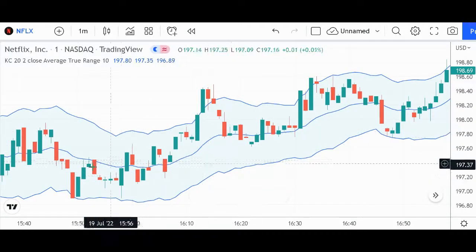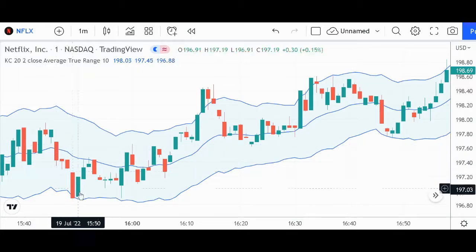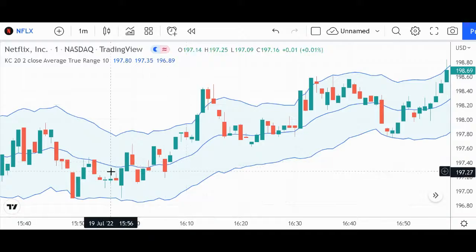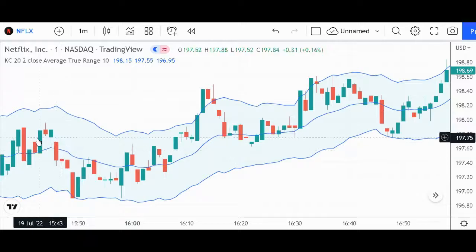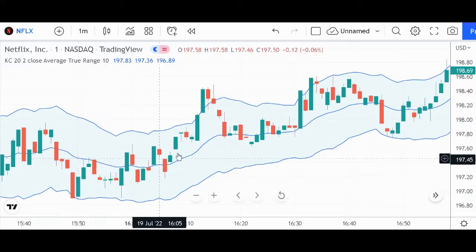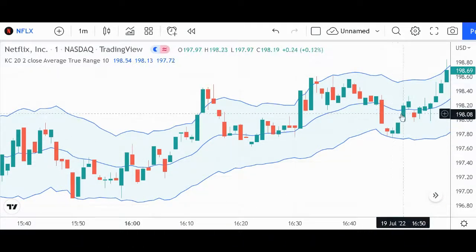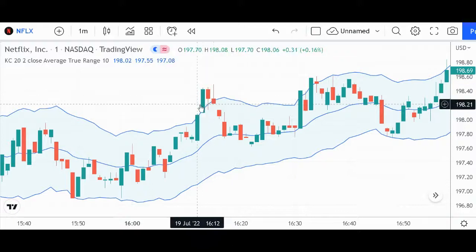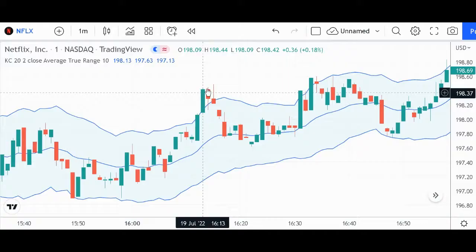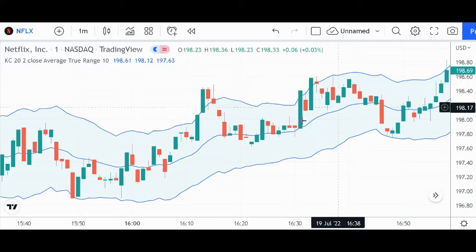Most of the time you'll notice, just by looking at this and in your own experience, that the candles are inside of the Keltner channels. It's not very often that the candles are outside, and if they are, it doesn't stay that way for very long. They come back in a lot of the time.